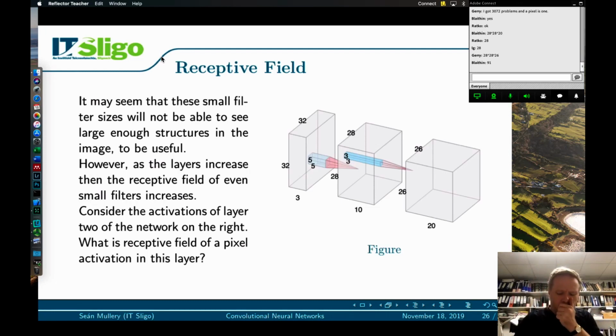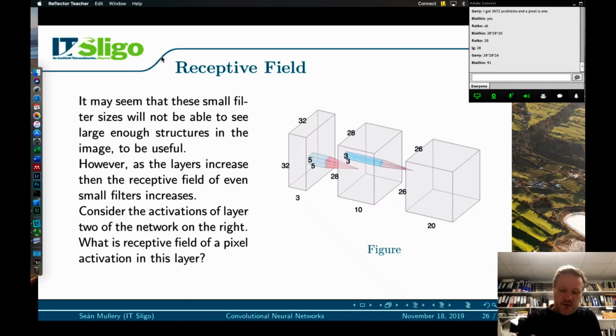However, because in a convolutional neural network we layer these things on top of each other, an activation here has a 3x3 field in this layer, but each one of those 3x3 had a 5x5 field that it took things from. So what is the overall size of the receptive field in the original image that a pixel in, let's say, our second layer here would see through all of these operations?